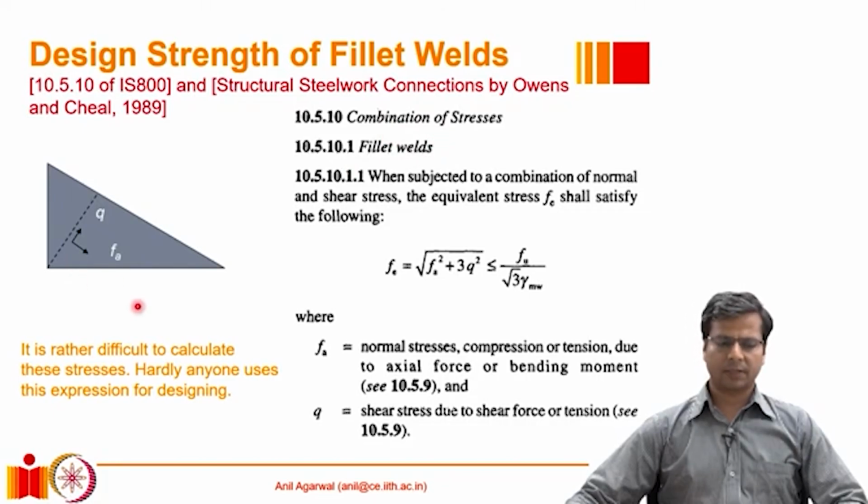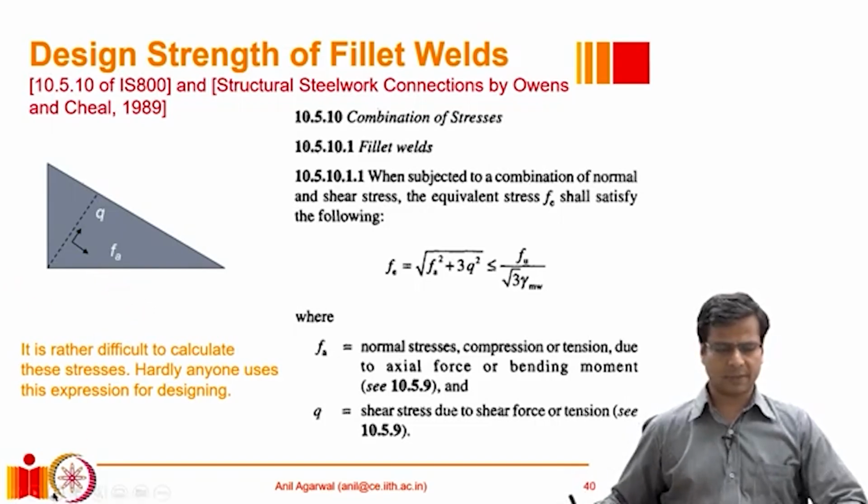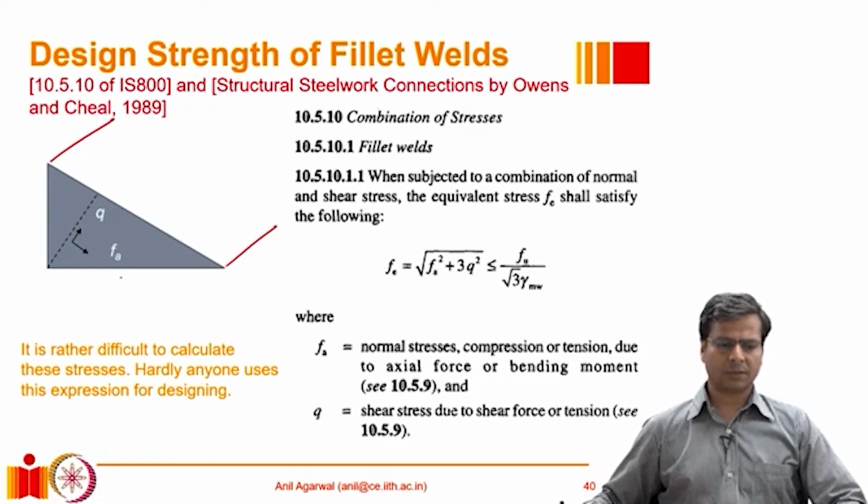For example, the case that I had shown before, if all three stresses were acting simultaneously on the fillet, as we had discussed before, this is the longitudinal direction, so there would be force acting here, and the equal and opposite force will be acting at the other boundary.